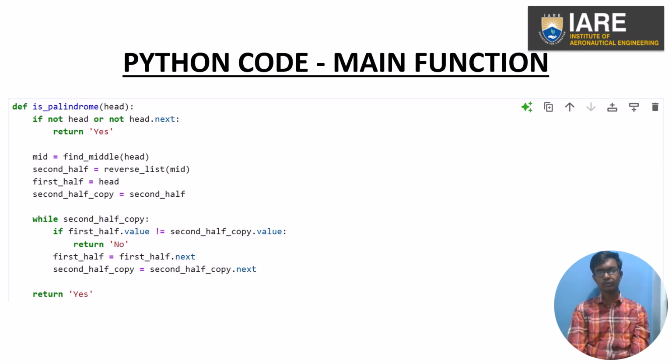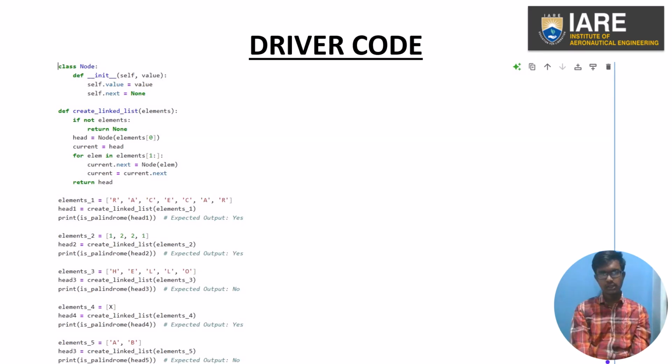Now let's go to the third part. In this third part, the driver code of this entire program, I wrote the driver code to test the previous functions. First, I created a node class, as you can see in the code, and I created a create_linked_list function with underscores in between, as you can see in the code, to build a linked list from a normal Python list.